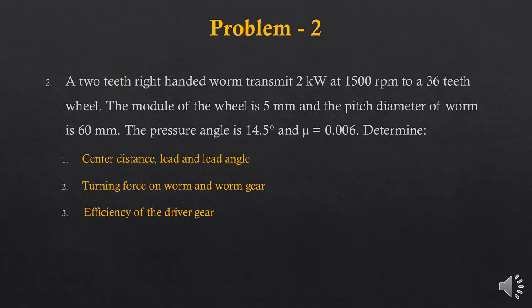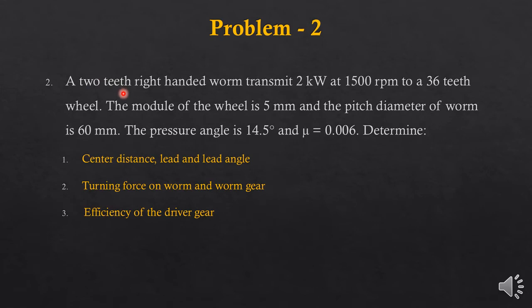Right, so if you look into this, most of the data that we already have is part of the problem itself. The power that needs to be transmitted is known, 2 kilowatt, and the number of teeth on the worm or number of starts is 2.